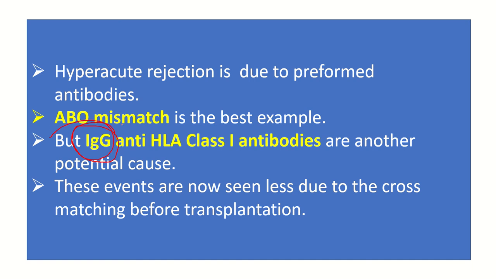But why is it IgG? Because this IgG was formed a long time ago in the recipient's body and has been present over time. So as it has been present for a long time, it is IgG of the recipient.